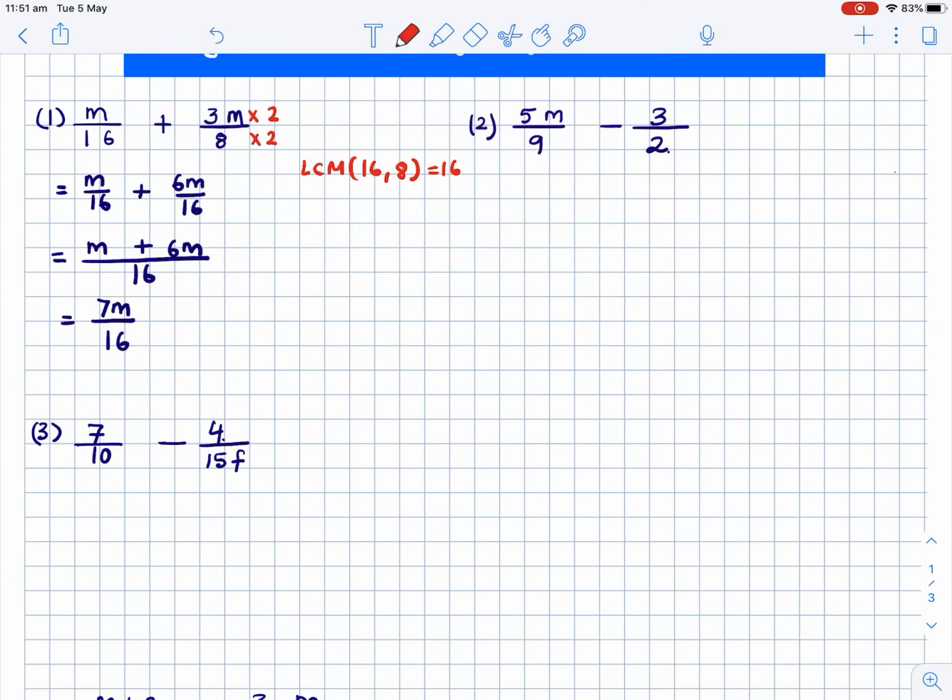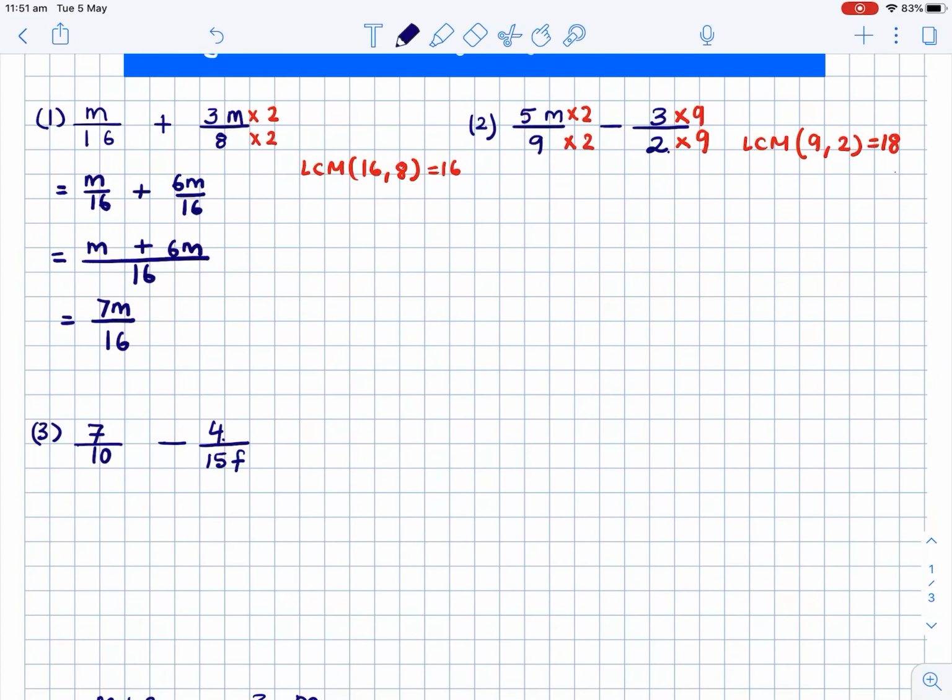In this question number 2, LCM of the denominators 9 and 2 is 18. In this case, to make the same denominator, we have to change both fractions. So multiply the first fraction, both numerator and denominator, by 2. Multiply the second fraction, both numerator and denominator, by 9.